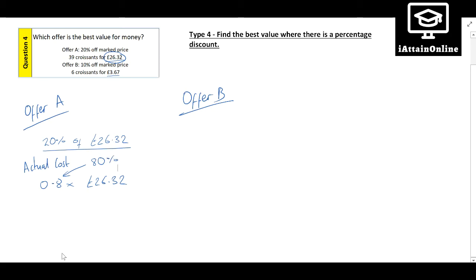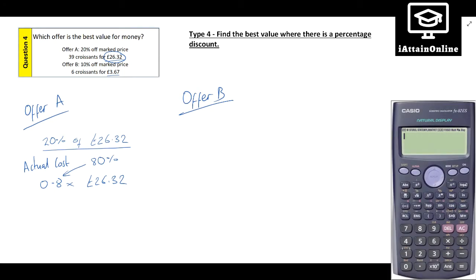So just in my calculator, I'm going to do 0.8 times £26.32, and that will tell me that I'm actually getting 39 croissants for the price of £21.056. Again, I'm writing out the whole answer, and that's 39. Just write C for croissants.